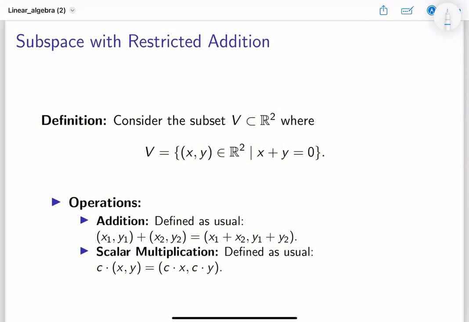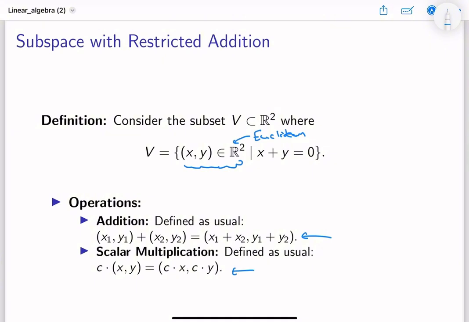Consider the set of all numbers in R2. I remind you, R2 is the Euclidean space, which we proved a few videos ago. We proved that R2 is itself a vector space, and it's the set of all tuples where we define addition in this way and we define scalar multiplication in this way, right?